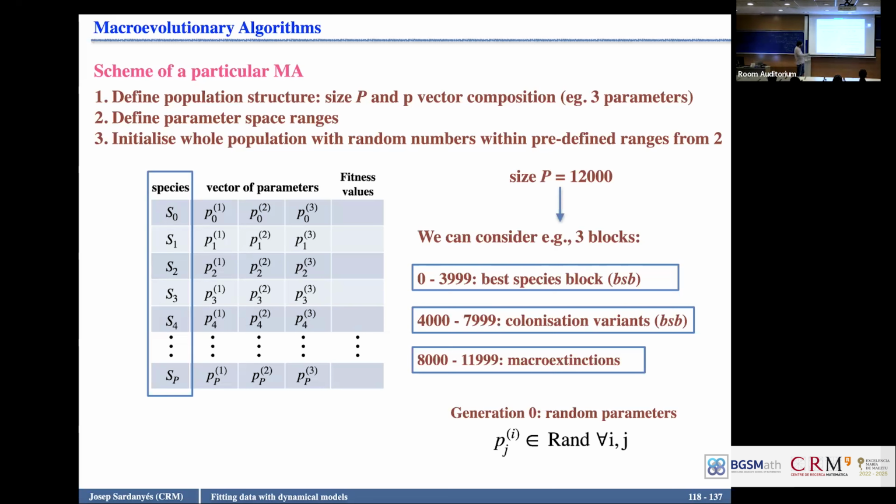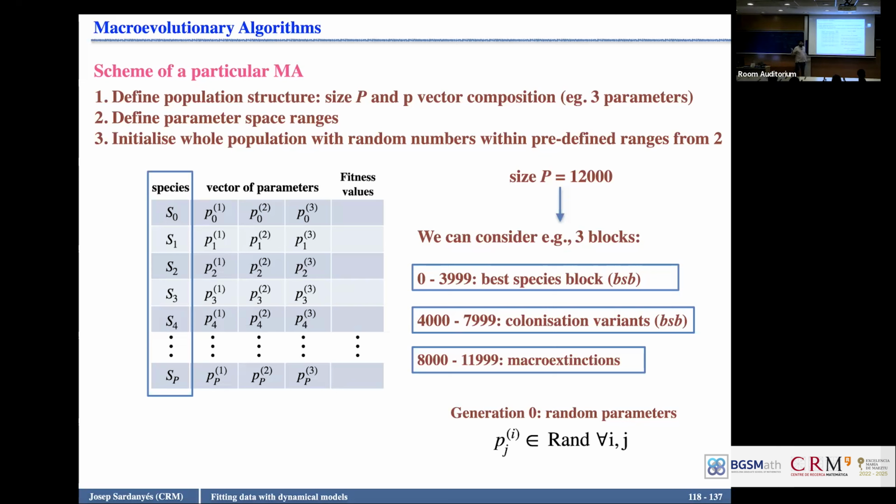12,000 species, what I do is consider 3 blocks. So N divided by 3, which I call the best species block. Then the other N divided by 3 is the colonization variance that I built from the best species block. And then the N divided by 3 empty sites, which I call macro extinctions.